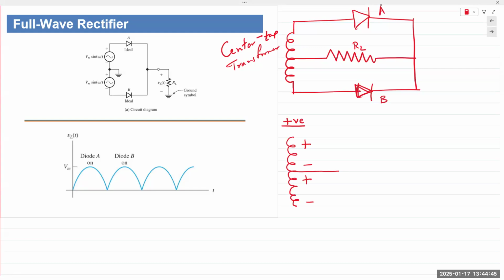Positive connected to anode. Anyone? It's on. Now there shouldn't be any hesitation. If positive is connected to the anode, it's on. If negative is connected to the anode, it's off. And again, positive and negative are relative. Positive means higher than the cathode. That's all it means. But in general, positive connected to the anode is on. Negative, it's off.